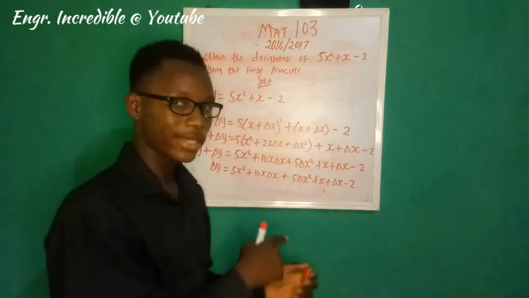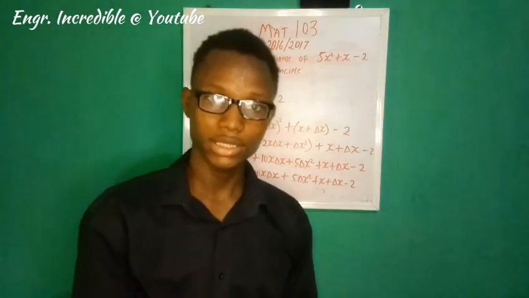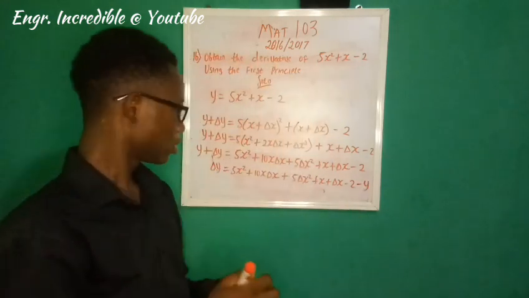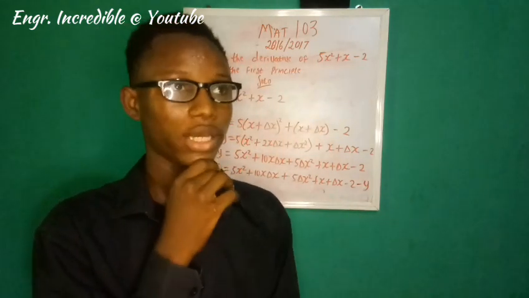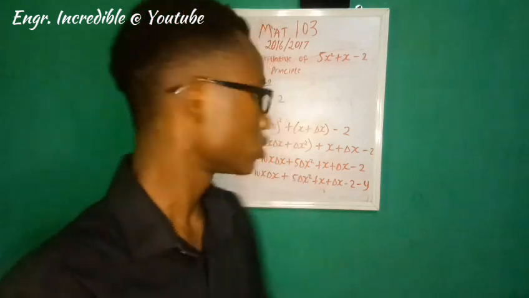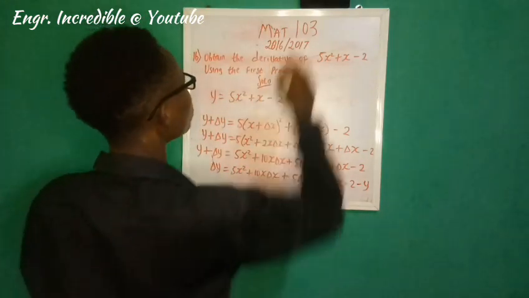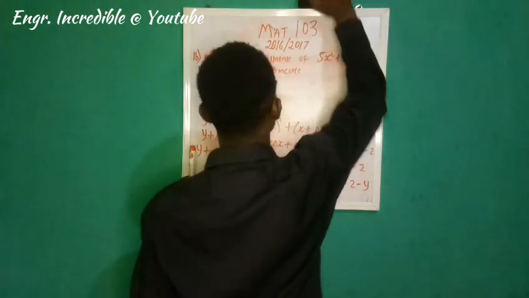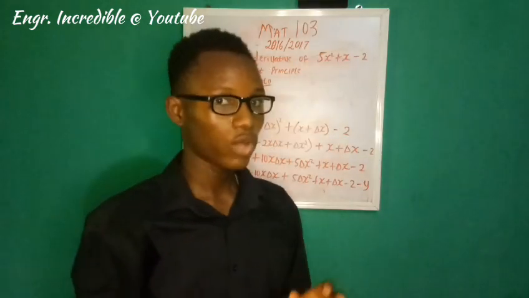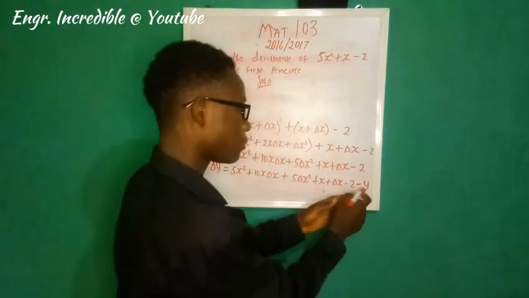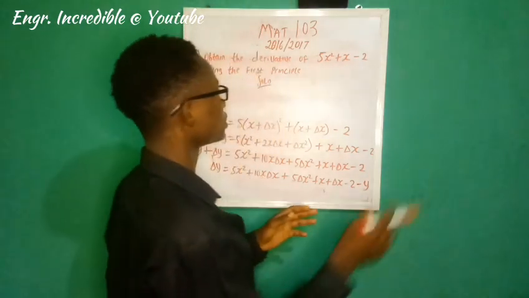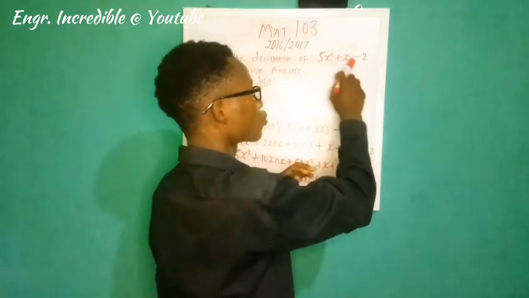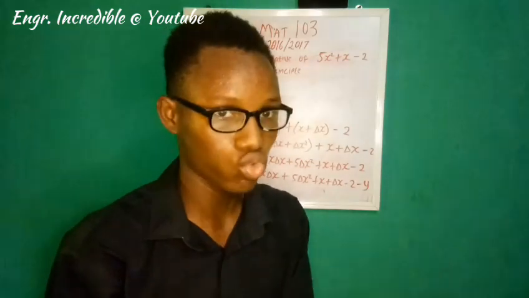Then when y comes to the other side, it changes sign. We have minus y. Now getting to this place is where this equation goes tricky. Right here we are going to replace y in this part of the equation with the initial equation, which is y is equal to 5x squared plus x minus 2 again.